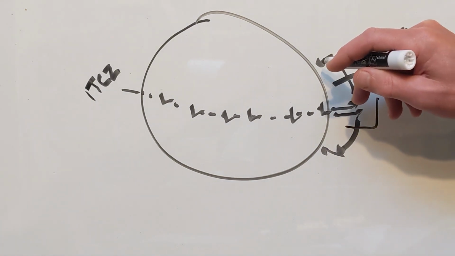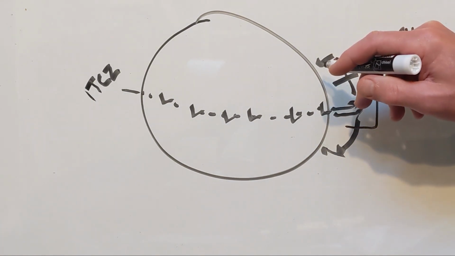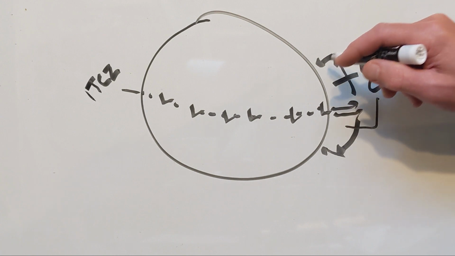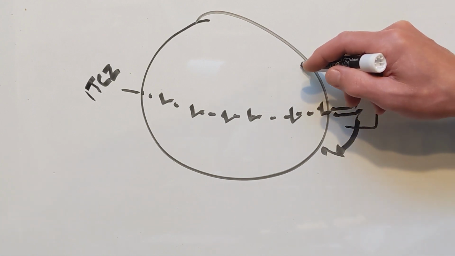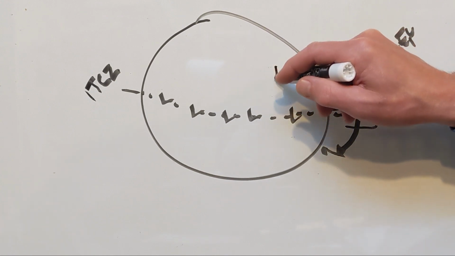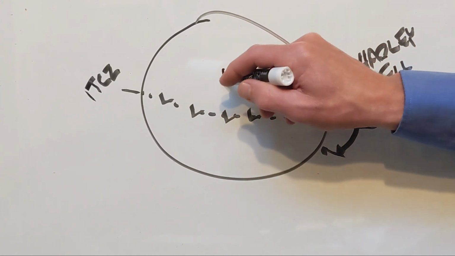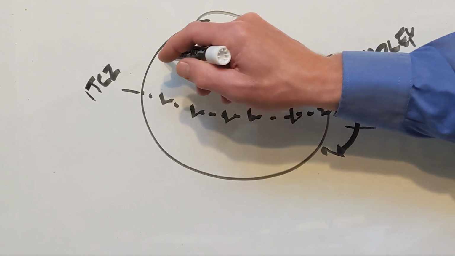And this descending air is air that is warmed by compression because it's descending. And so we identify that as high pressure. There's a band of high pressure that is in various locations.